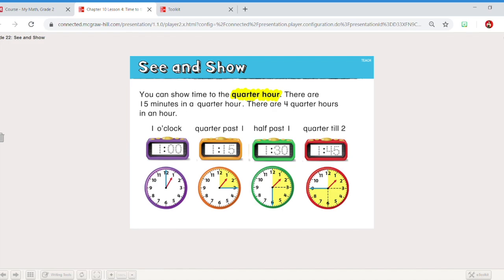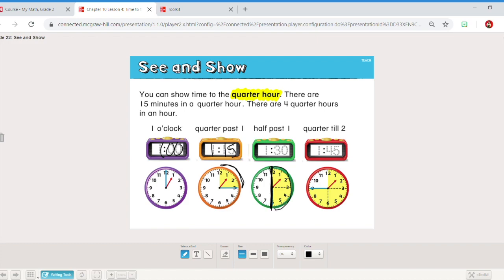So if we look at these clocks, we start off at 1 o'clock, and that is just the whole hour. It's 1 o'clock. A quarter past 1 means we're moving past 1 to that first quarter, and that leaves us at 1:15. A half past 1, which means you have moved halfway around the clock.